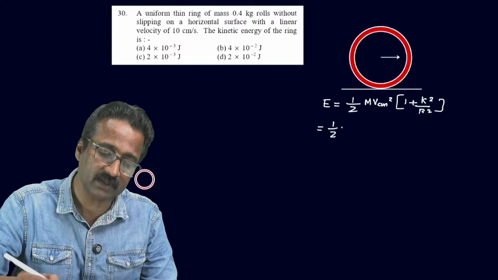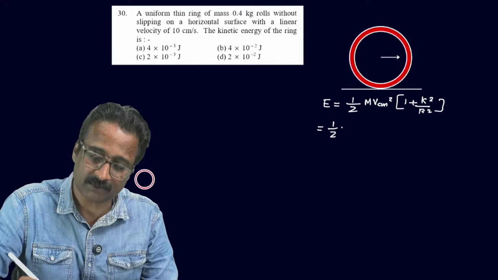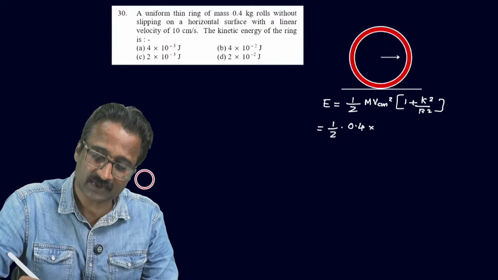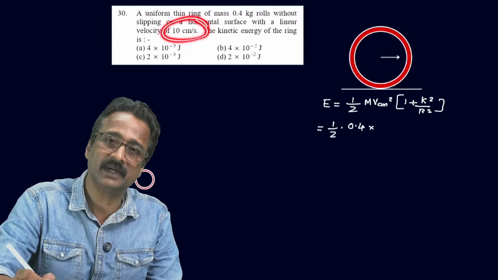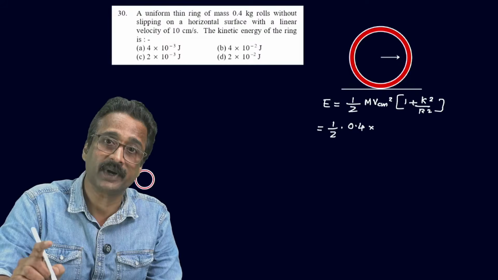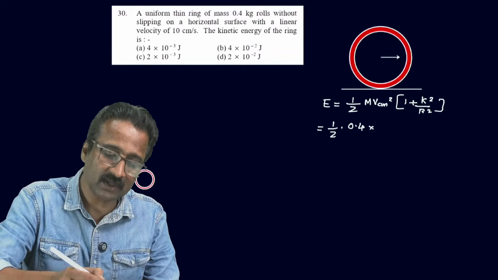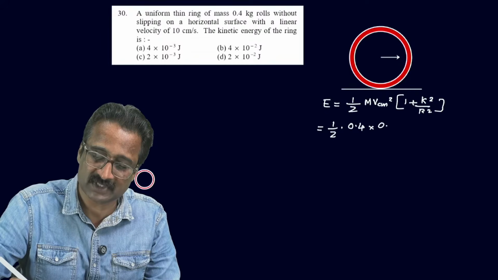The mass of the ring is given to be 0.4 kg. So that is 0.4 into VCM squared. The velocity of center of mass is given to be 10 centimeter per second, but you must use SI units here. 10 centimeter per second means 0.1. So 0.1 squared gives you 0.01, because VCM is 0.1.